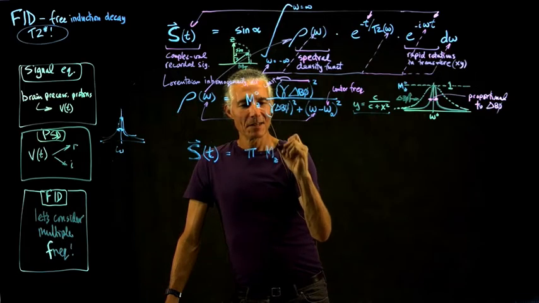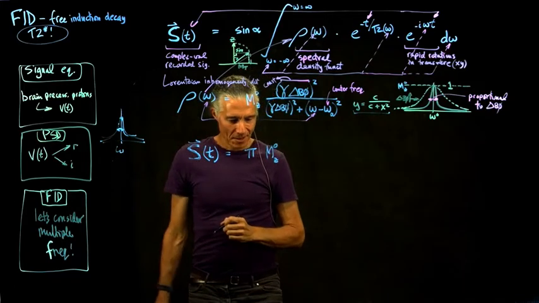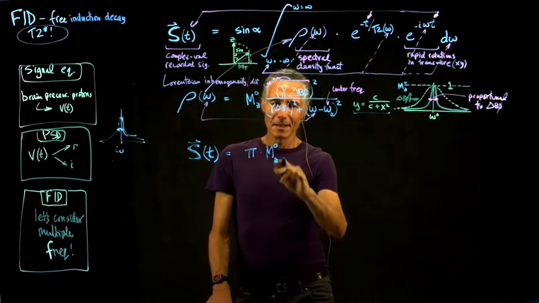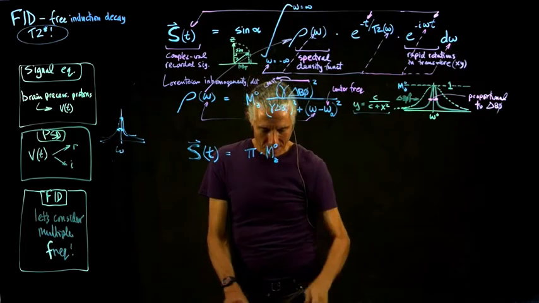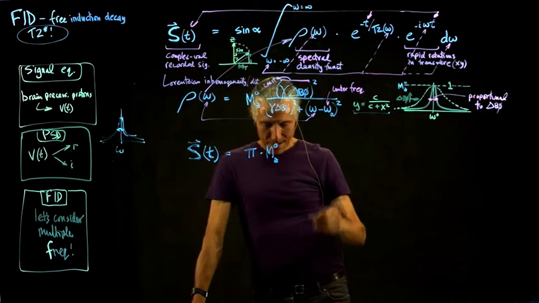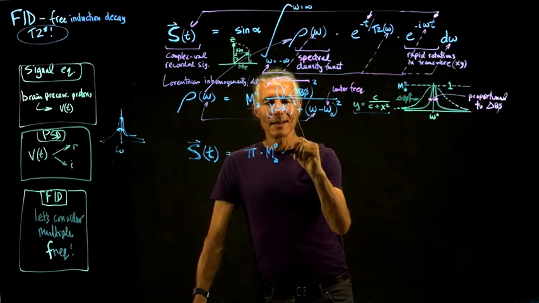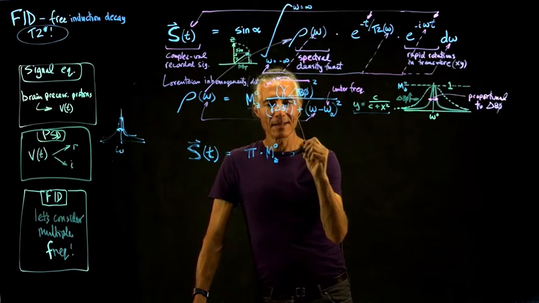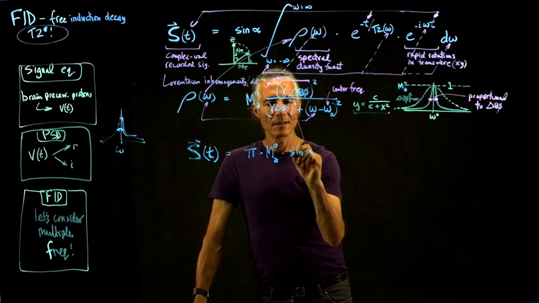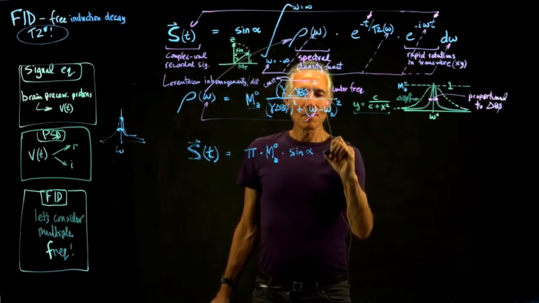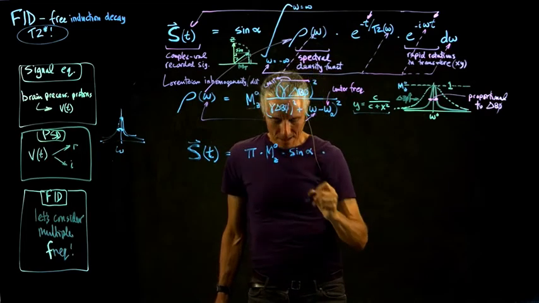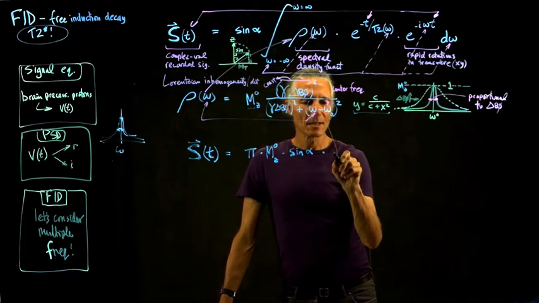So here's our Mz0. That just came from this guy. And then we're multiplying by the sine. That was another constant. That didn't change. So we got the sine of the flip angle, just like we had before. Okay, so now we have the first thing here, which is different.